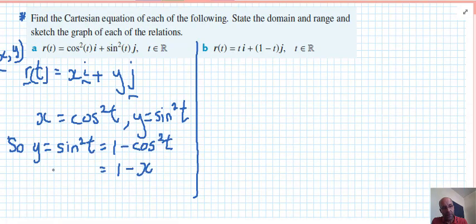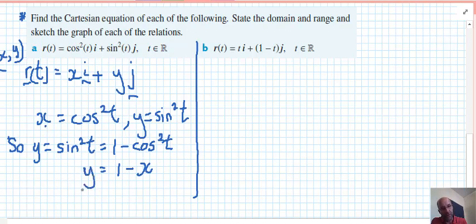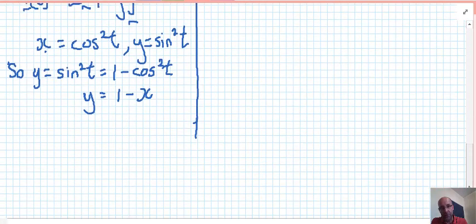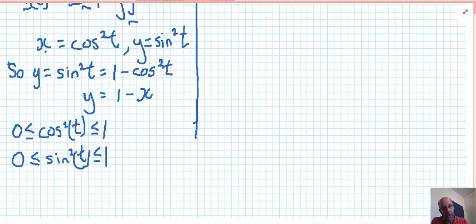So what we have then is, if y is sine squared t, using the Pythagorean identity, that's the same as 1 minus cos squared t, and that's equal to x. So we have y equals 1 minus x. We've got to look at the domain and range because that informs our sketch that we're about to do. Now since cos has a value between -1 and 1, cos squared has a value between 0 and 1 inclusive, and sine squared t has a value between 0 and 1.